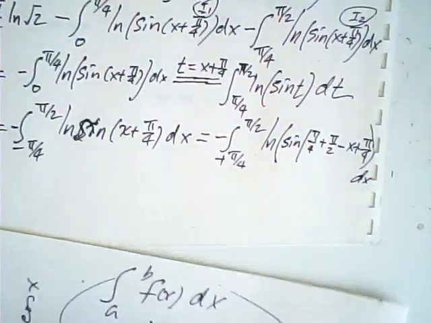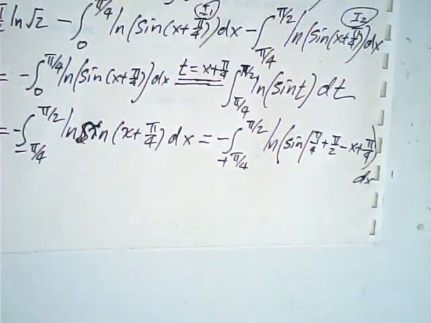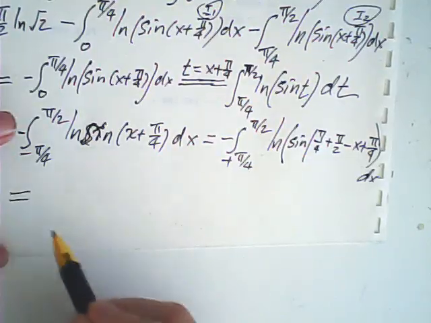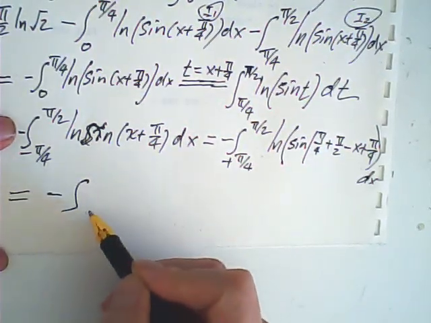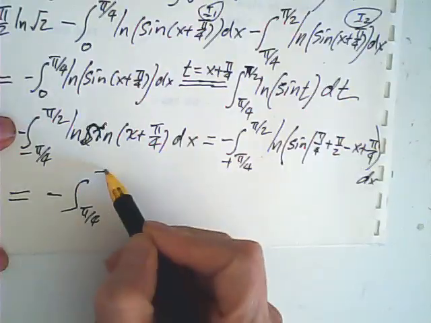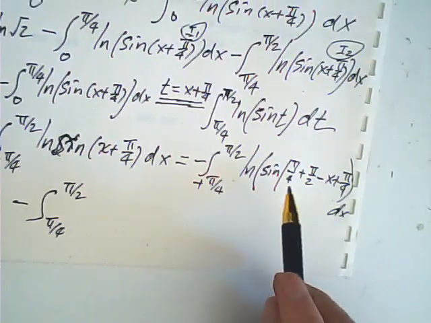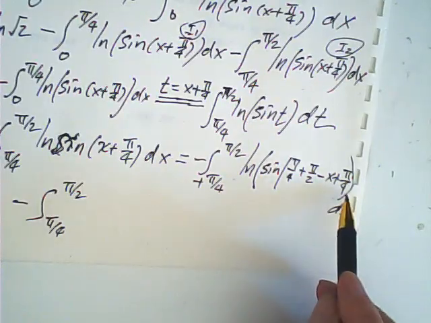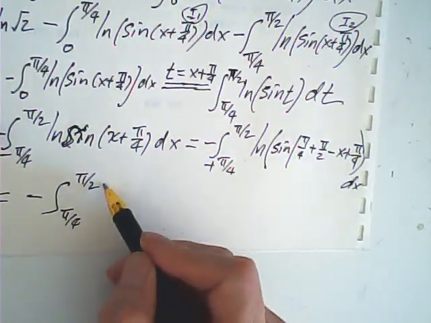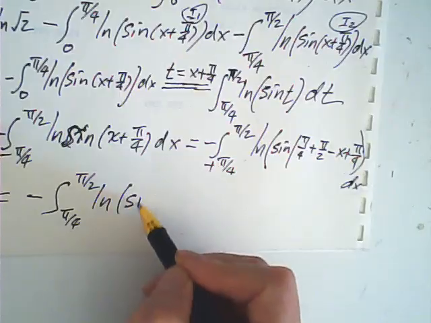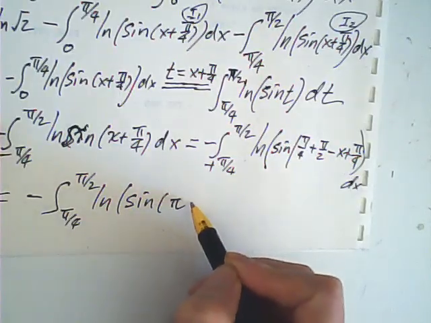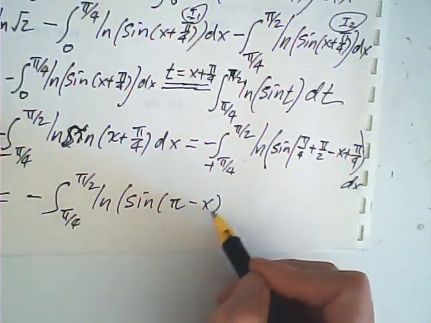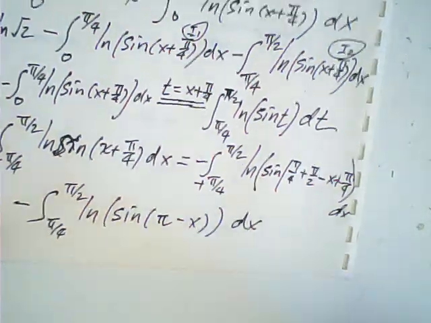I simply use this property, okay? And this one is equal to negative, from quarter pi to half pi, quarter pi plus half pi is three quarters pi, natural log sine of pi minus x dx.